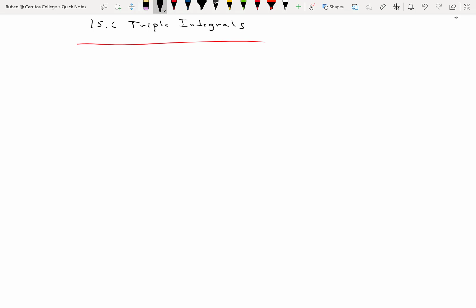From Calc 1, what we did is to define the definite integral, we started out with a continuous function. So let's let f of x be continuous on the domain, the closed interval a to b.